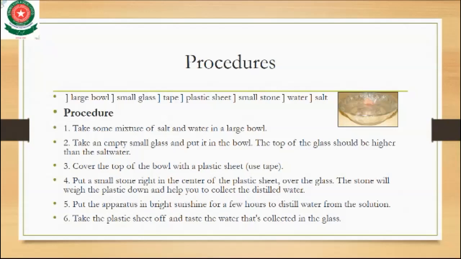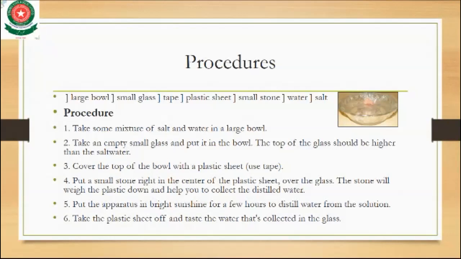The top of the glass should be higher than the salt water. Then the next step is to cover the top of the bowl with the plastic sheet. For example, you can use the tape for covering.